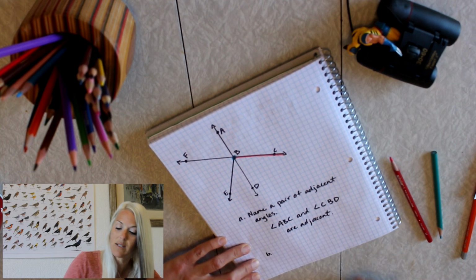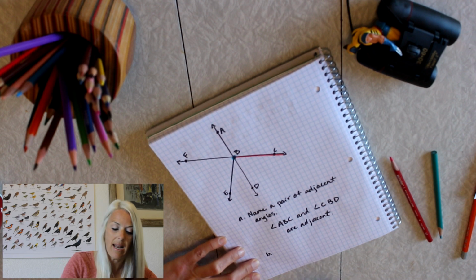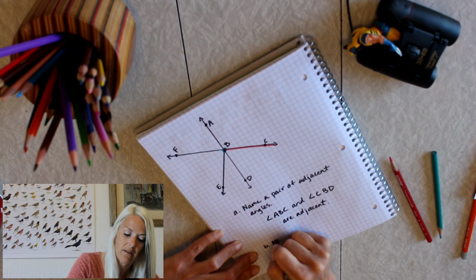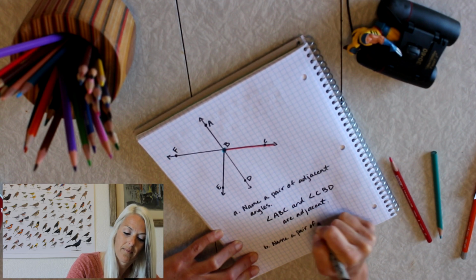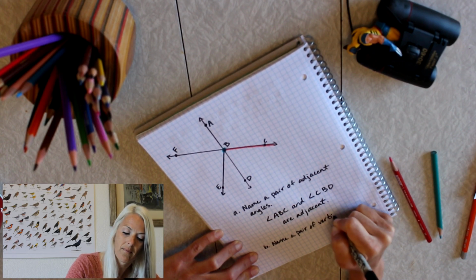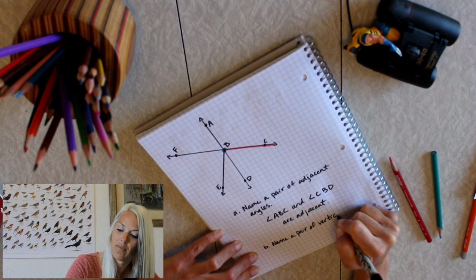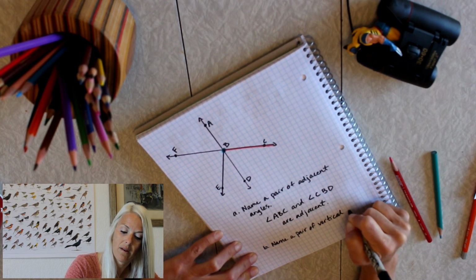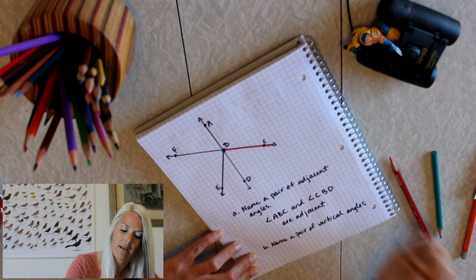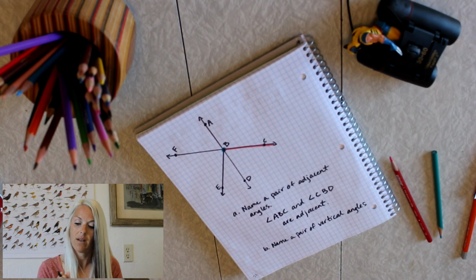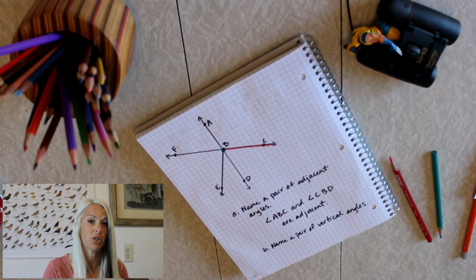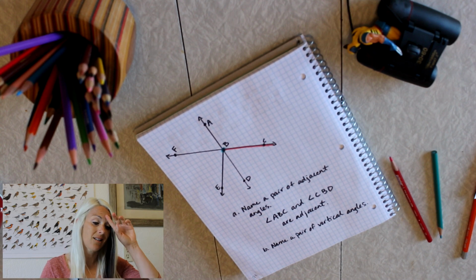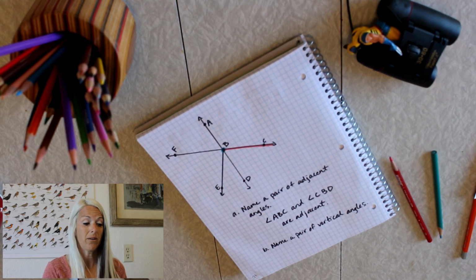Okay, so then next we're going to answer the question, name a pair of vertical angles. So, remembering back to what vertical angles are, they're two opposite angles formed by the intersection of two lines. So we have quite a number of vertical angles here.